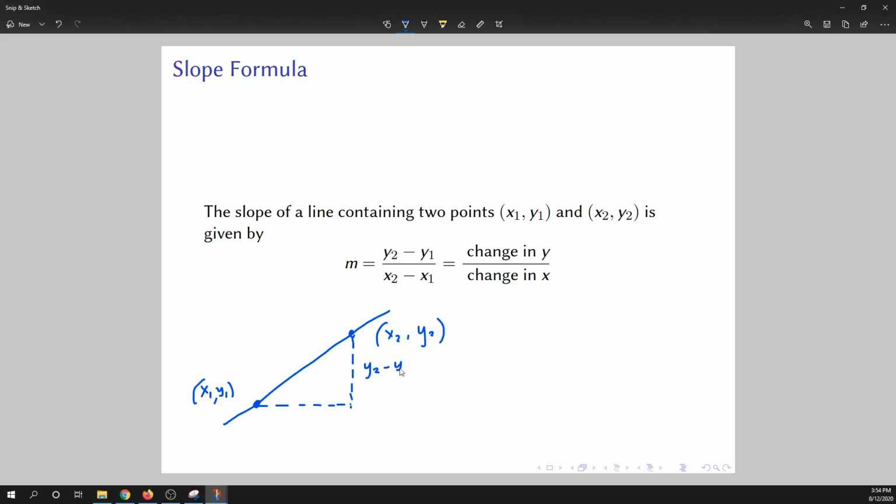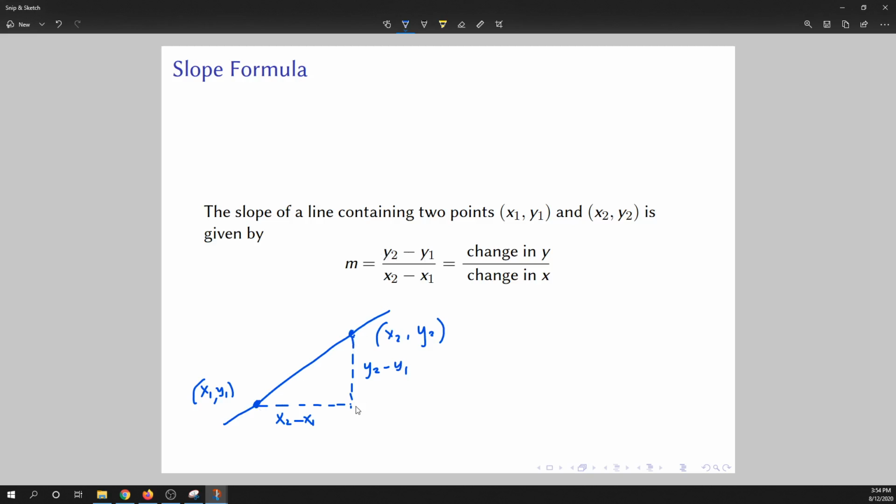All right, and for this side of the triangle, that's going to be this number x2 minus x1. So basically, x2 minus x1, this side of the triangle, is how much the x value changed from this point to this point right here.